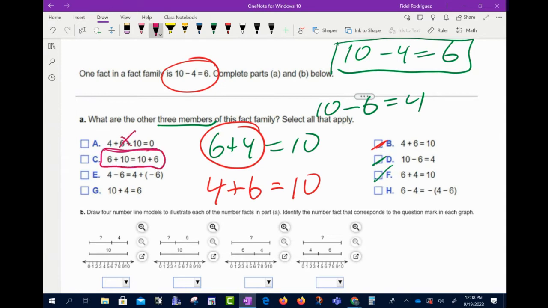This one here does make sense, but it's missing what number? It's missing the 4. And 4 minus 6 is 4 plus negative 6. That is technically true, but now I'm missing the 10. So I'm looking for three other equations that represent the same thing.